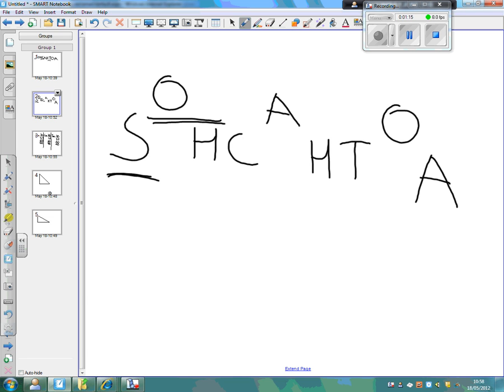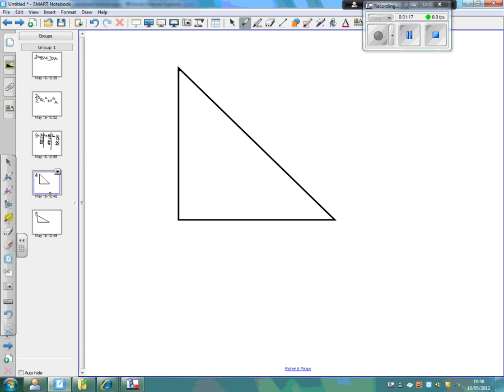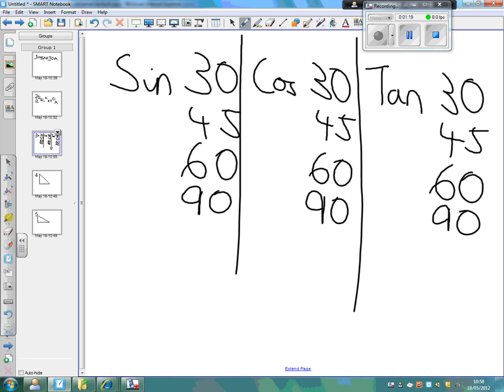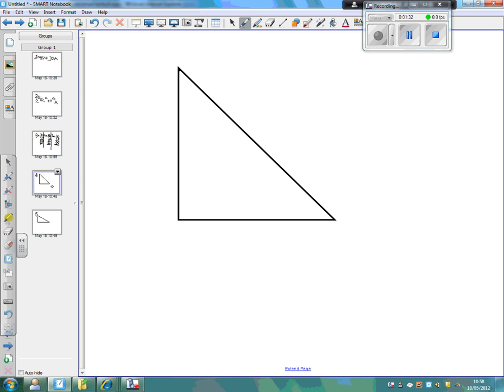So now, if we move on to the triangles, if you look at the things we've got to learn, we've got to remember 45 and 90 for each of the sine, cos, and tan. So to help you do that, we've got this triangle. Now, as you can see, this is a right angle triangle. It has to be to work on sine, cos, and tan.